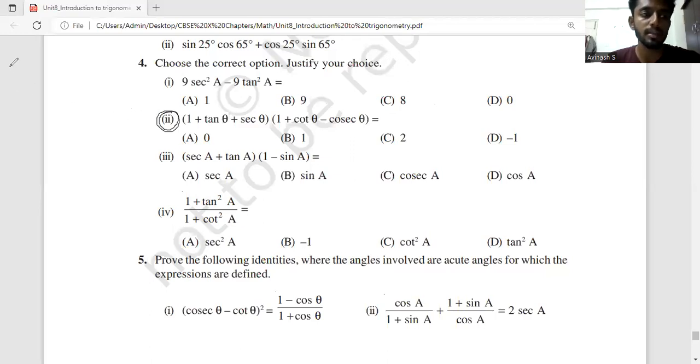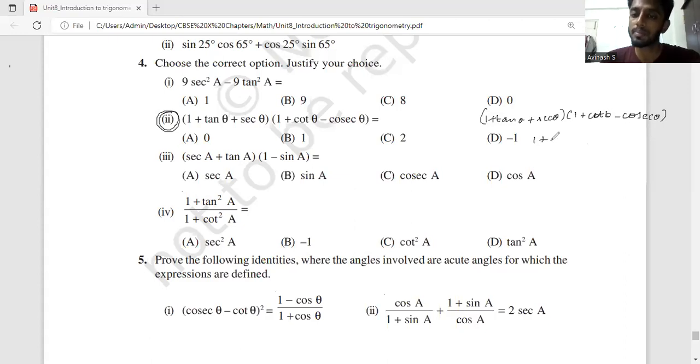So what I mean by that, the second subdivision goes like this: it is nothing but 1 plus tan theta plus sec theta, and then 1 plus cot theta minus cosec theta. We should be very careful when we use the signs, while copying the signs from the question as well.